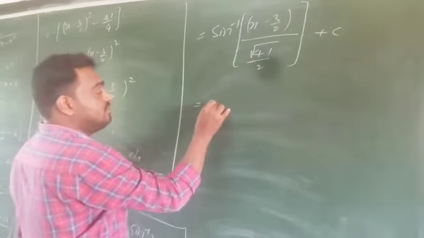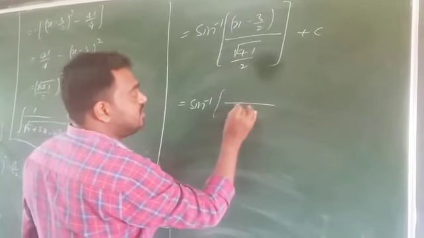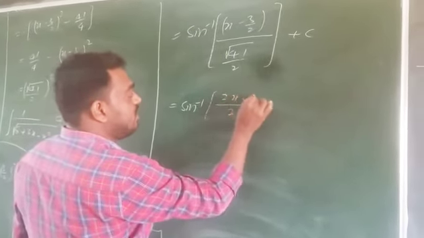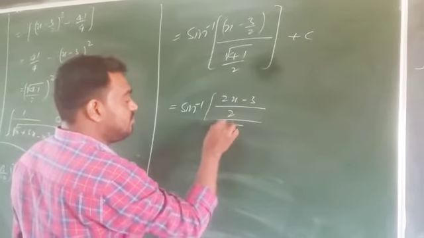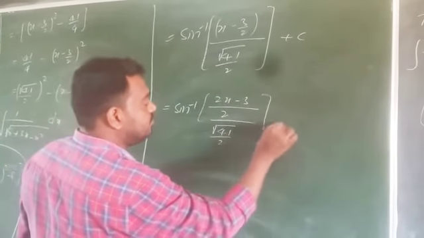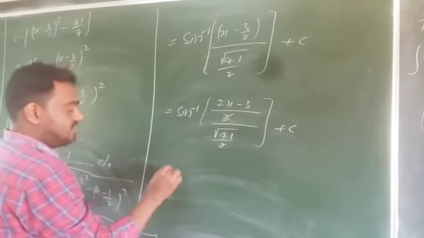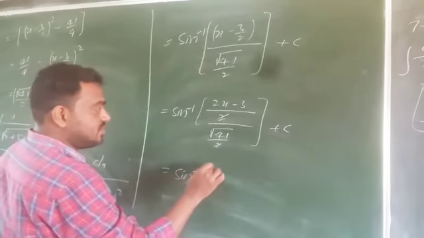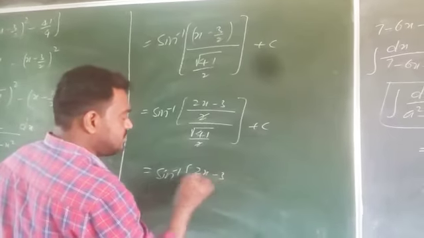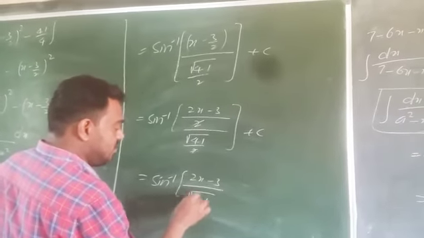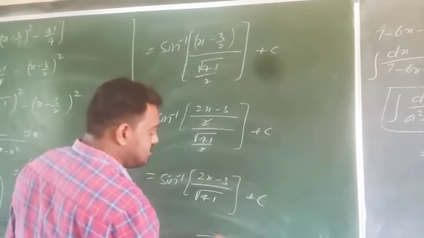This is equal to sin inverse of numerator LCM 2x minus 3 by root 41 by 2 plus c. The 2 gets cancelled. This is equal to sin inverse of 2x minus 3 by root 41 plus c, which is the answer.